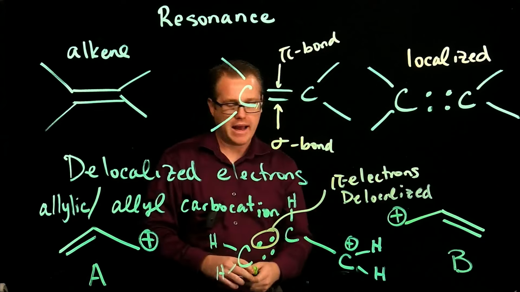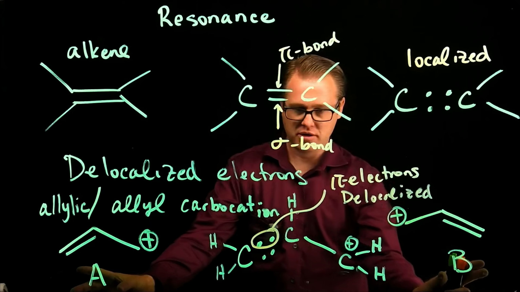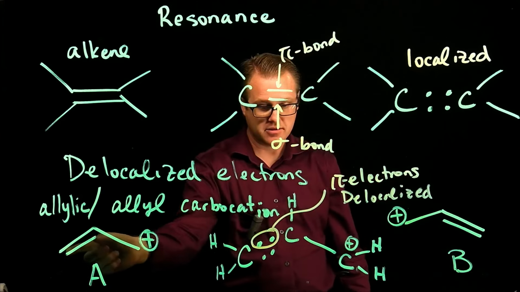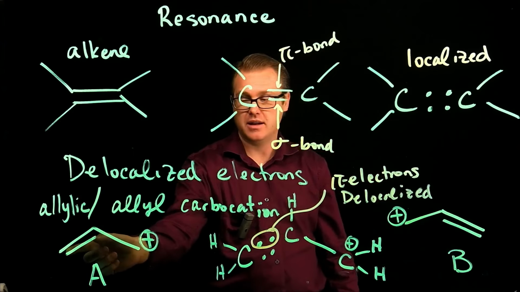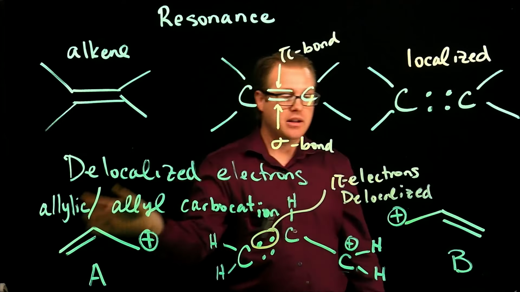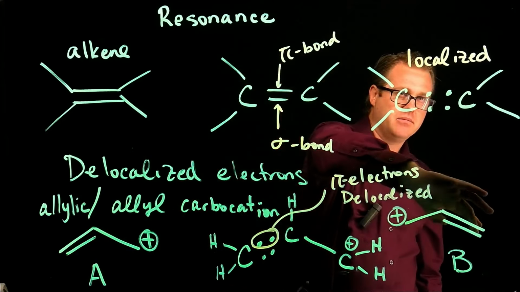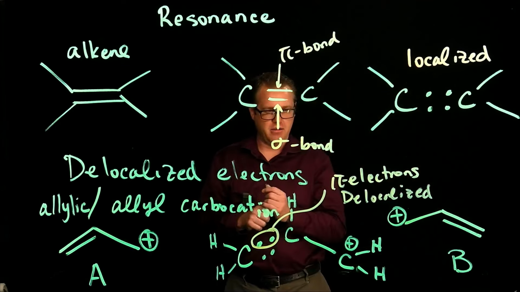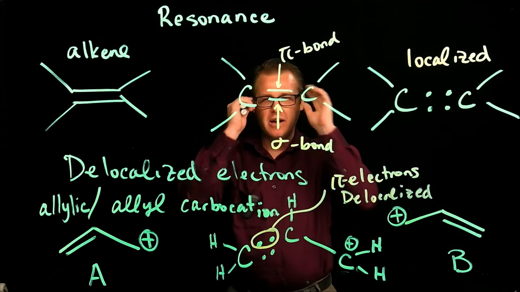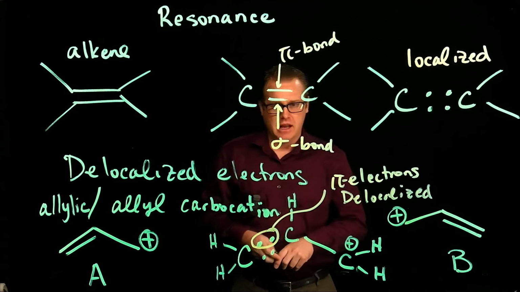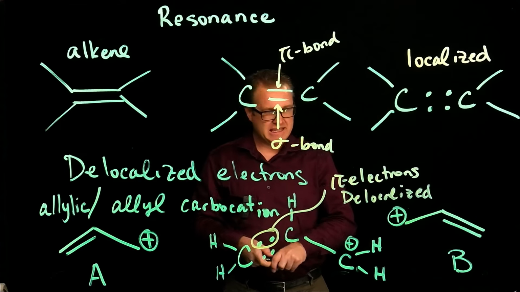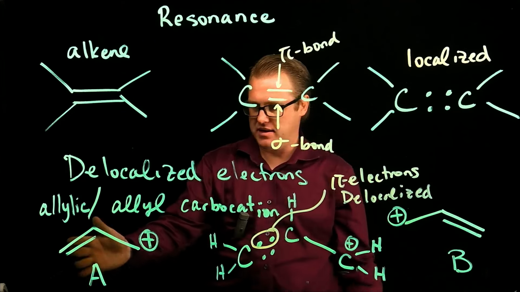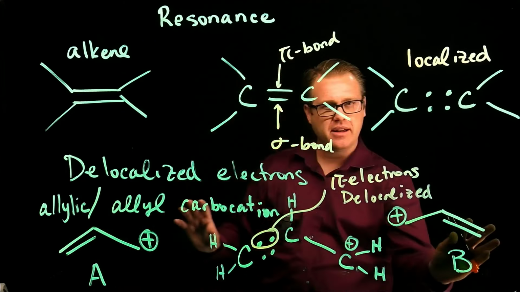And the reason why we have two structures is because the pi electrons right here are delocalized. They're here, and then they're there. That's kind of the idea that I'm trying to portray here. So we have structures A and B, right? And so that's really hard to represent these two molecules when it could look like this and it could look like this.